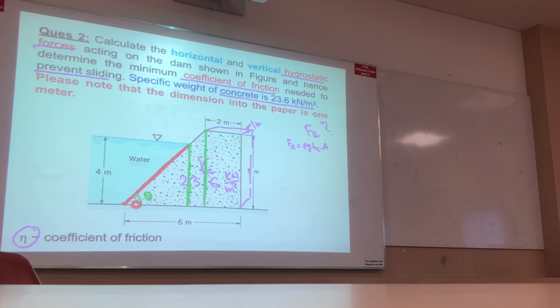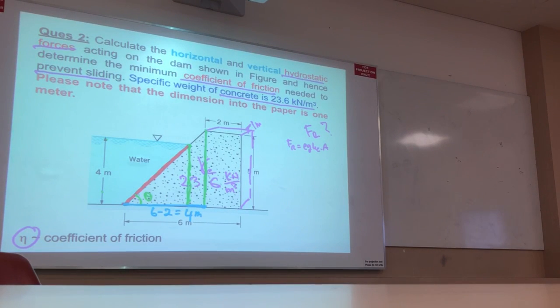And from here to here is 4. Am I right? So I can write the distance from here to here, the blue, is 6 minus 2, 4 meter, and this one from here to here is 5 meter.